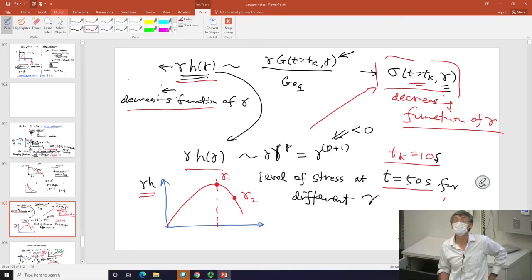I'm looking at my stress at the 50th second, involving two different experiments, applying gamma 2 versus gamma 1. What does this plot show? It tells me at gamma 2, at 50 seconds, my stress will be lower. By definition, I applied higher strain, and when I wait, I find my stress is lower than the test where I applied lower strain.